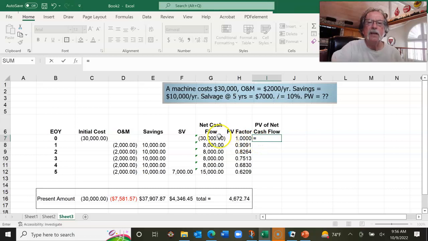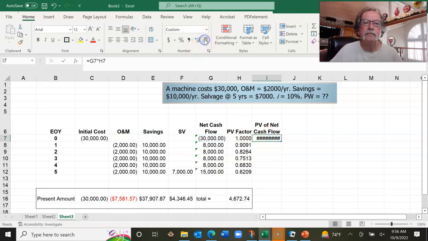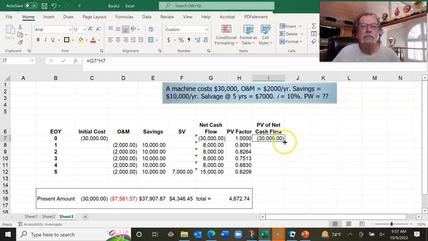So this is simply column G times column H. And so $8,000 1 year from now is basically $7,272 today if your interest rate is 10%. And guess what? We sum this up, $4,674.